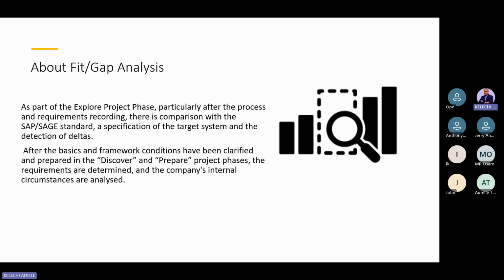So internal circumstances are your as-is processes. When we're done with all those phases, we now have to check. And we have already done all those jobs in our assignment. We have identified the deltas and the gaps. Deltas are fits. Gaps are processes or systems that do not fit into our target system.